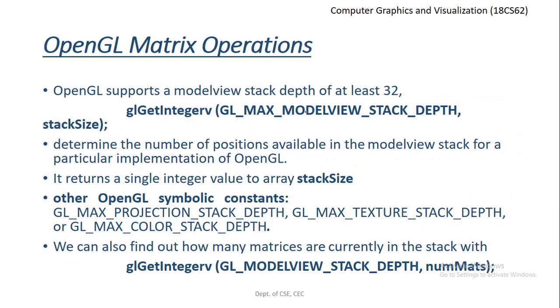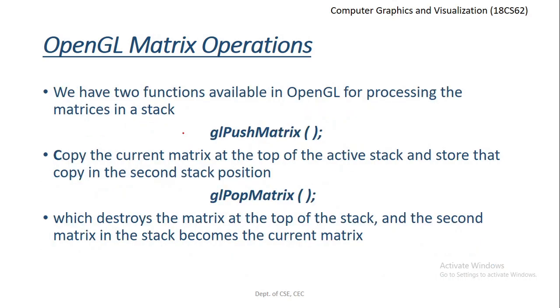And then we discussed the OpenGL function glGetIntegerv, which is used to retrieve the number of positions available in a given stack for a particular implementation of OpenGL. We can also use this function to retrieve how many matrices are currently present in a given stack. And lastly, we have two functions, glPushMatrix and glPopMatrix, which are used to push and pop the matrices in a given OpenGL stack.